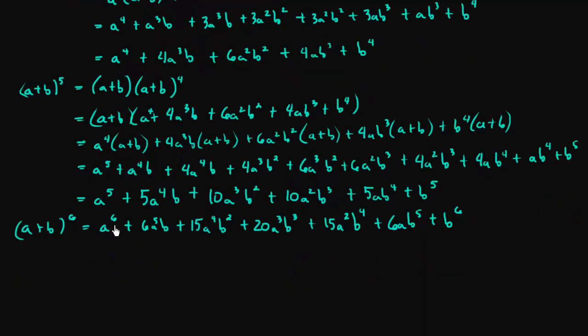The pattern also continues for (a + b)^5. We have 5, 4, 3, 2, 1, 0 for the exponents of a, and for b we could write b^0, b^1, b^2, b^3, b^4, and then b^5. And the same thing for (a + b)^6: we have 6, 5, 4, 3, 2, 1, and 0 for the powers of a, and for b we have b^0 through b^6.